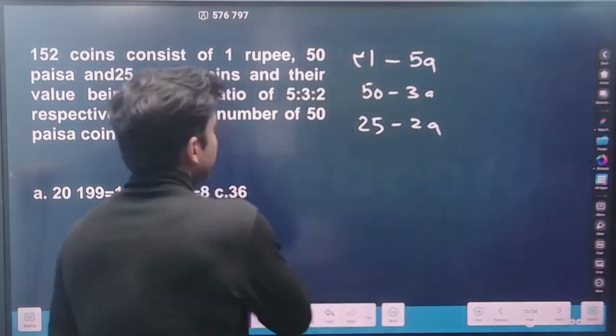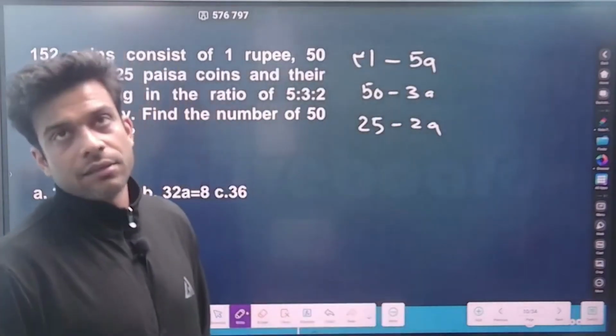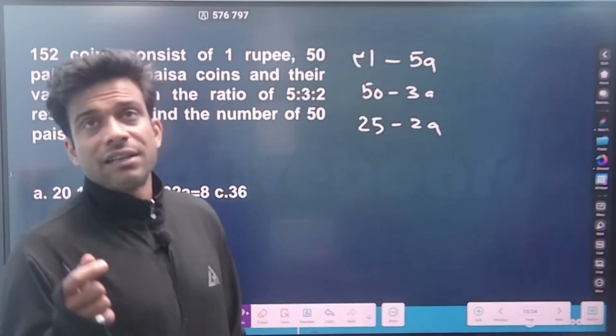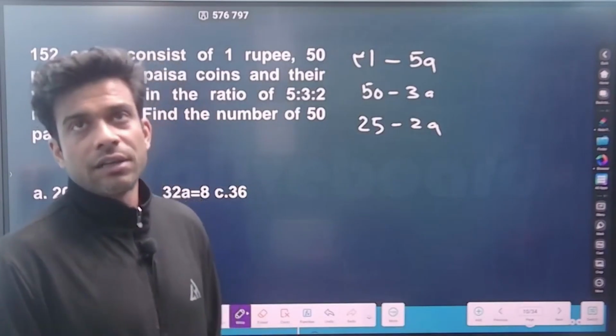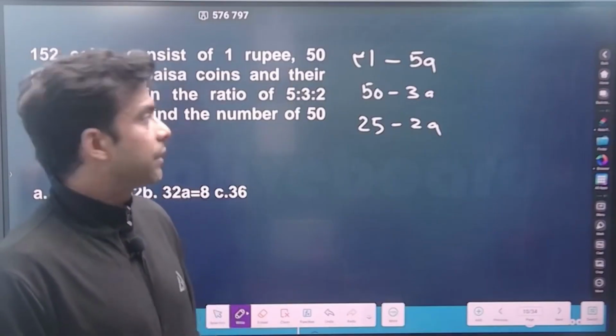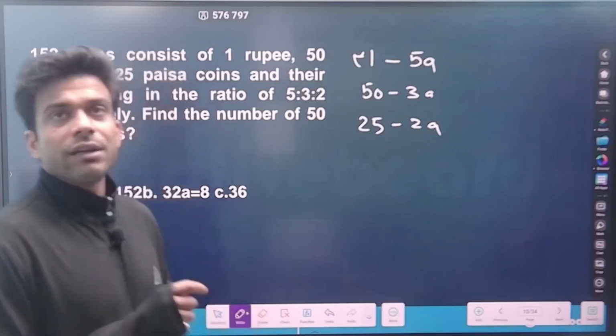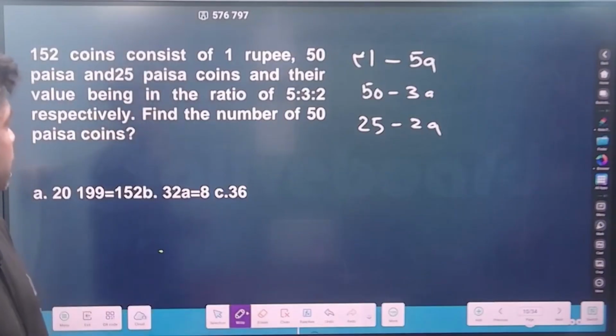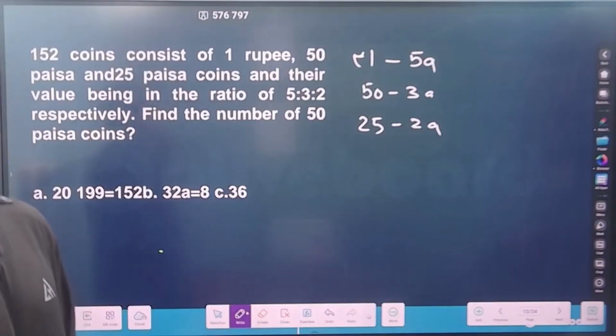So can I convert this whole thing into paise? Yes, I can convert this. That depends on whether you want to convert or not, it's totally up to you. So you can convert this whole thing in terms of paise also. I don't have any issue. Fine? Everyone, is this clear?